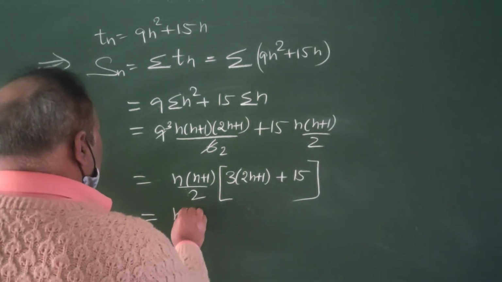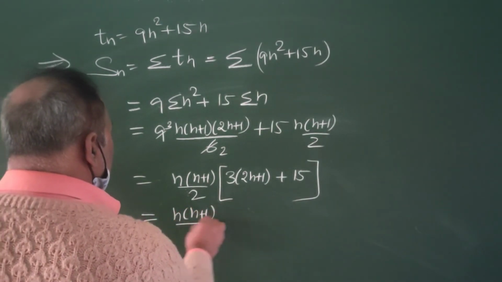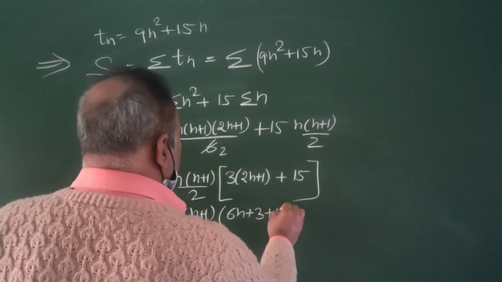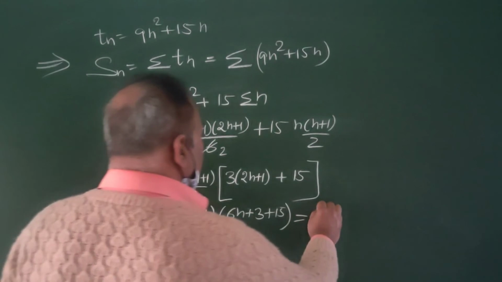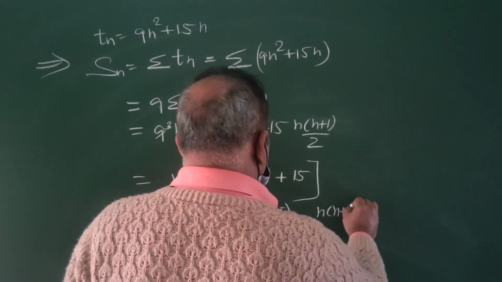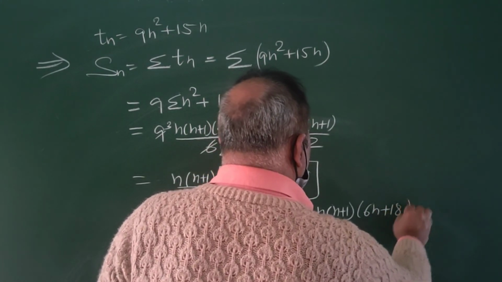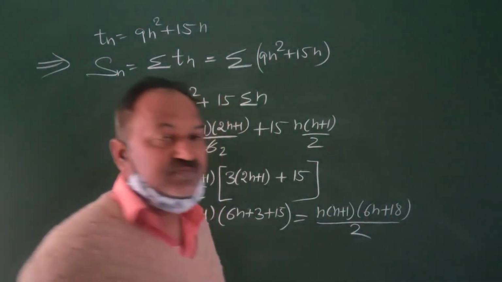Therefore, it becomes n into n plus 1 upon 2 into 6n plus 3 plus 15, and the answer will be equal to n into n plus 1 into 6n plus 18 upon 2.